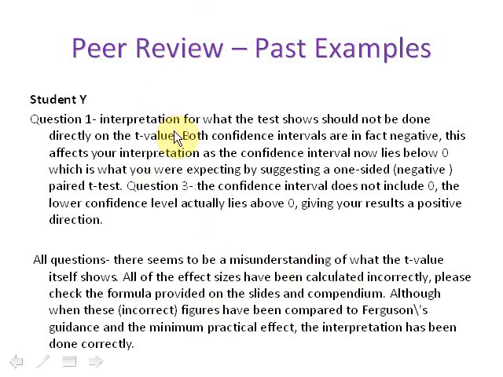Lost my pointer. Oh, there it is. And then again, a good example of feedback, giving some advice on the relationship between the confidence interval and the null value zero in this case, in the context of the one-sided paired t-tests.